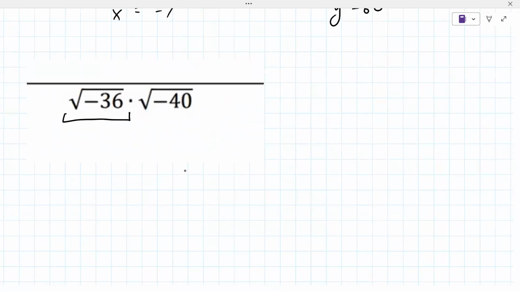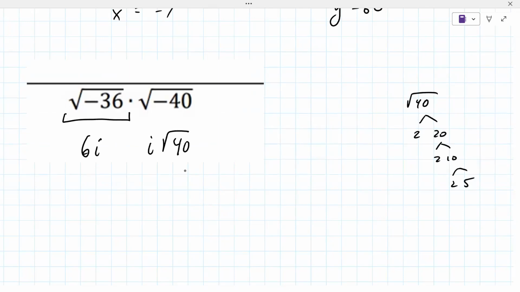This first one is 6i. No big deal there. The second one is i times the square root of 40. Square root of 40, you have to reduce here: 2 and 20, 2 and 10, 2 and 5. So it becomes 2 square root 10, but that i comes down with it.